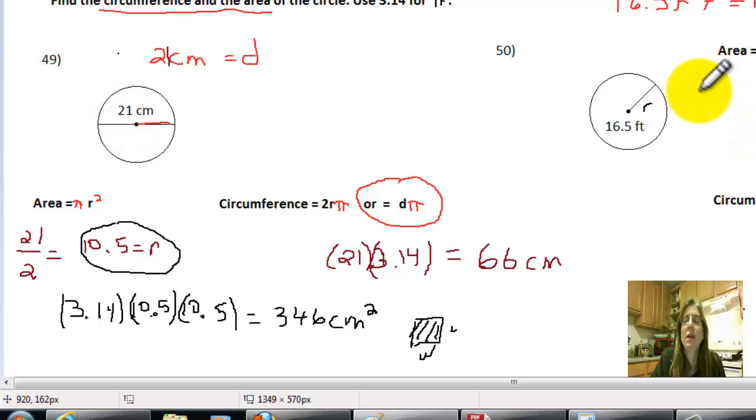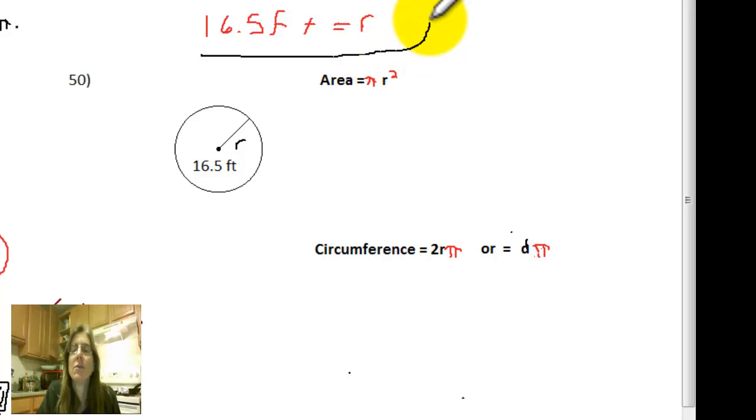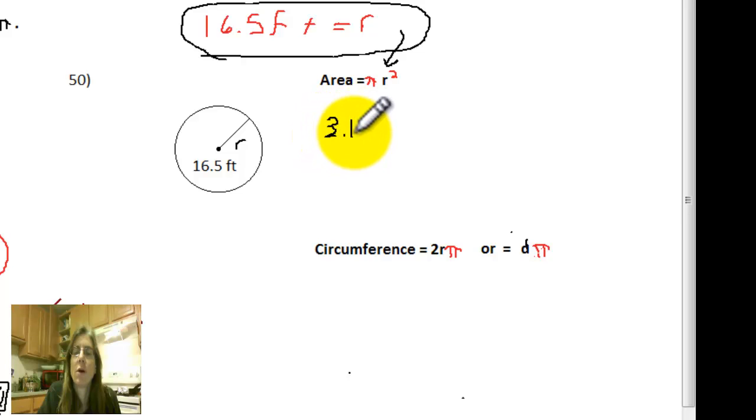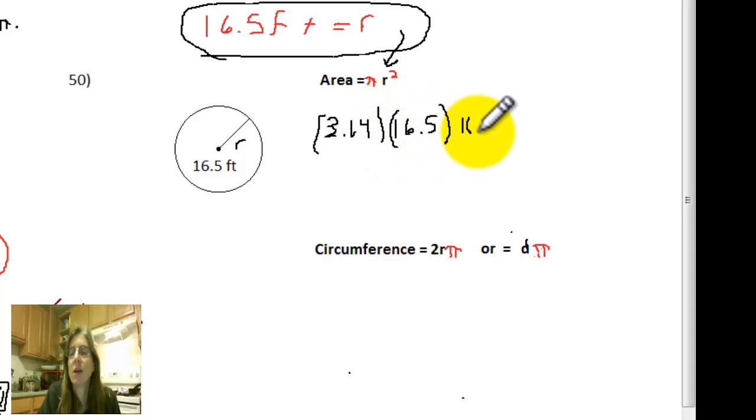All right, on this one here, we have an r, so we can plug our r straight into our area. So we're going to do 3.14, because our formula is pi times r squared. r is 16.5, so 16.5 times 16.5, again because r is squared, so it's times itself.